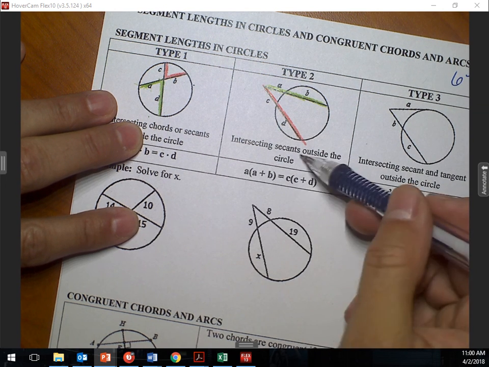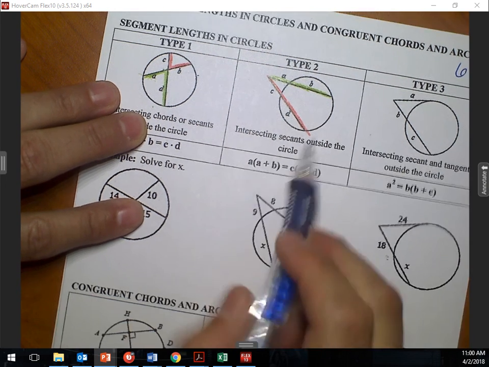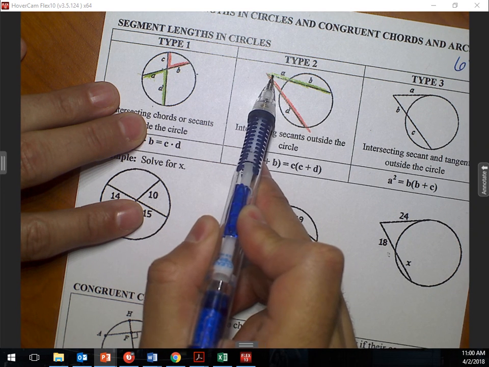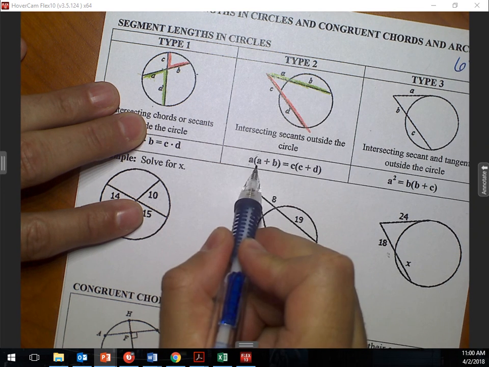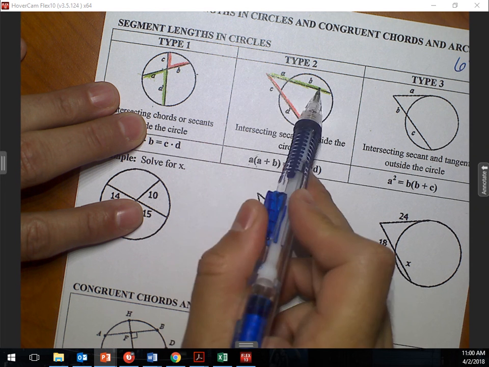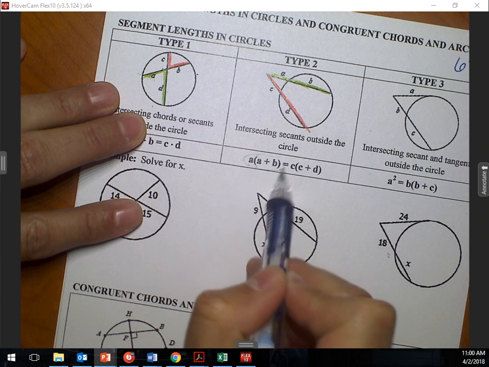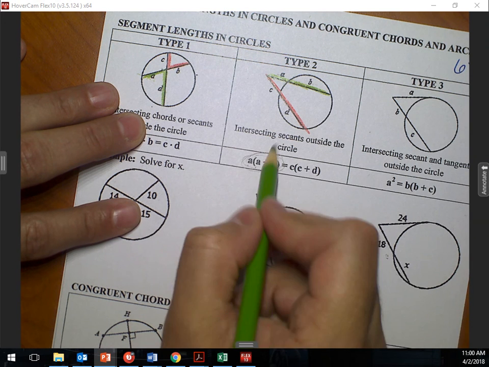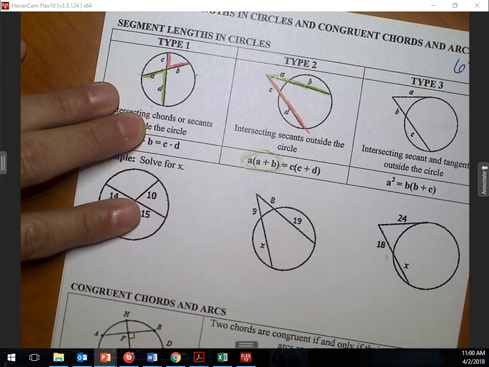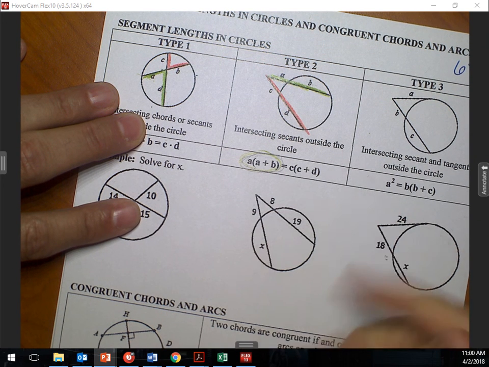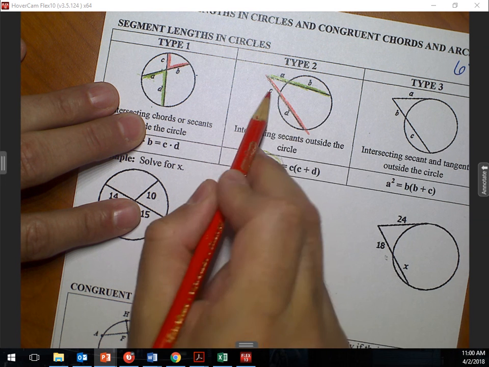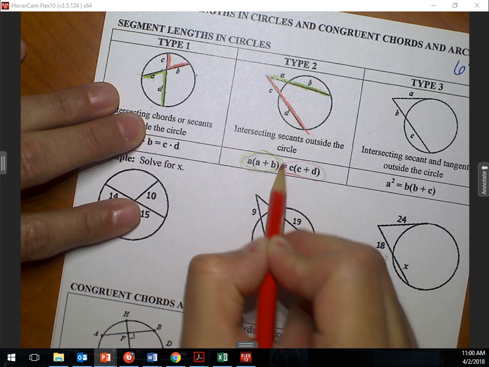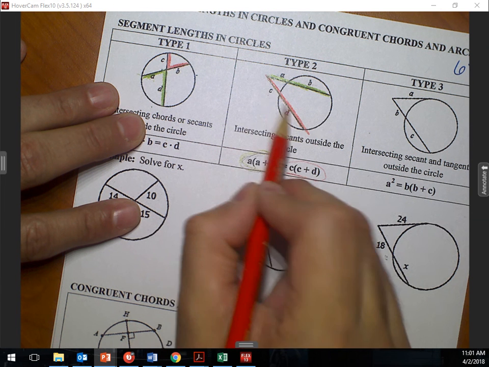My formula for this is A, the little piece on the outside, times parentheses A plus B. That's going to be this piece right here in green. And then the red one right here is going to be my C, the piece on the outside, times C plus D. So these two added together.